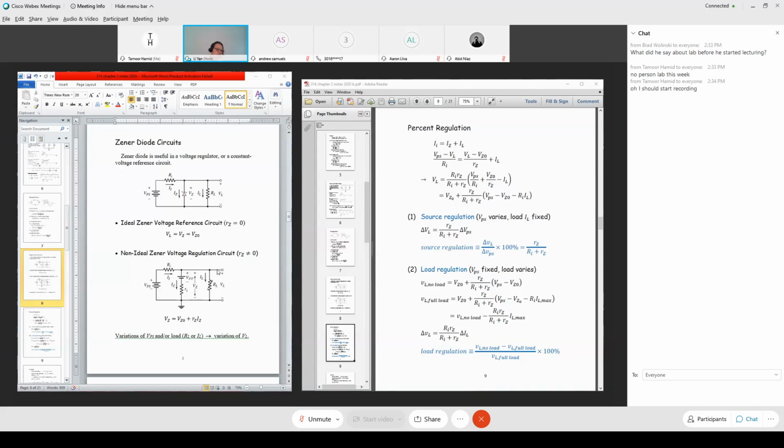This is also true if the demand on the load current changes. If the load current changes, then the current amount that goes into the Zener diode also changes, leading to the load voltage changing as well. So that's real: the actual Zener diode has a finite resistance.